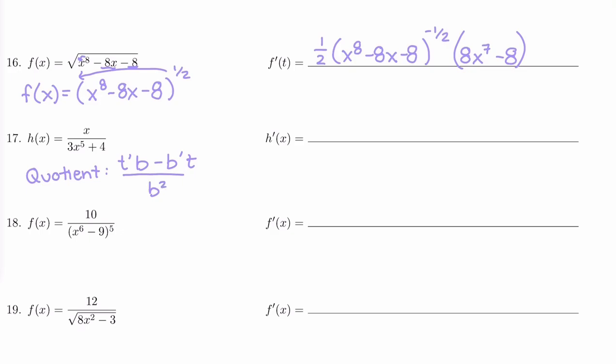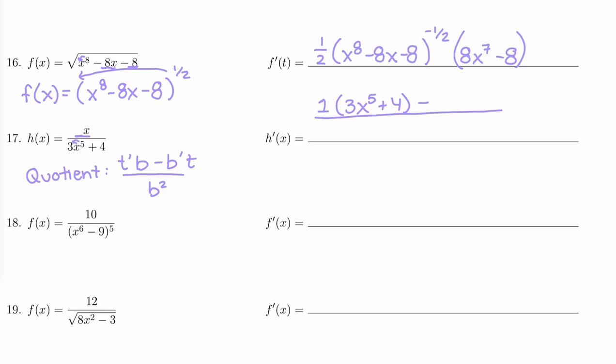So looking at the derivative of the top to start, the derivative of 1x on the top is just 1. Derivative of the top gets multiplied with the original bottom. So we have 3x to the 5th plus 4. Minus, now I'm going to take the derivative of the bottom.